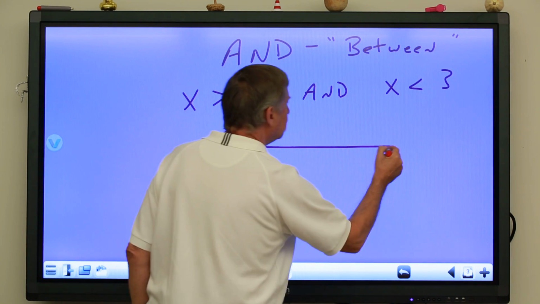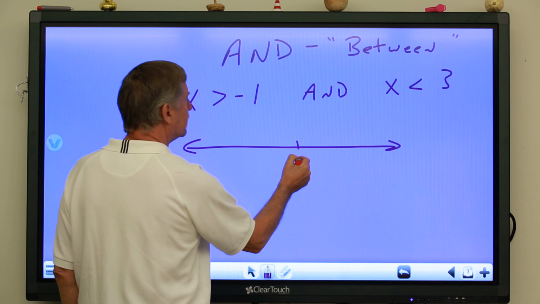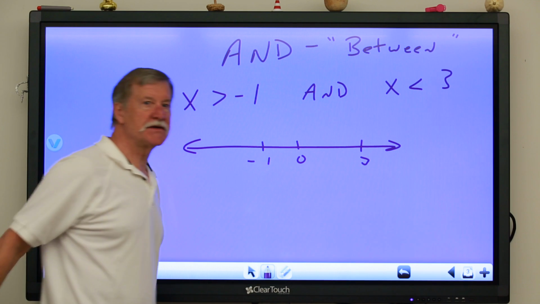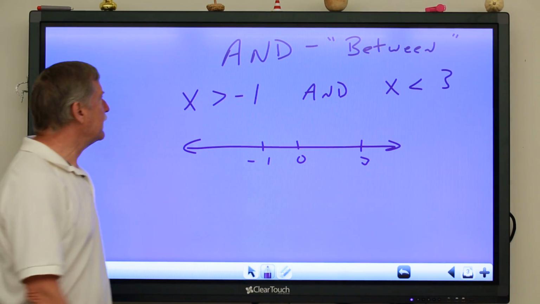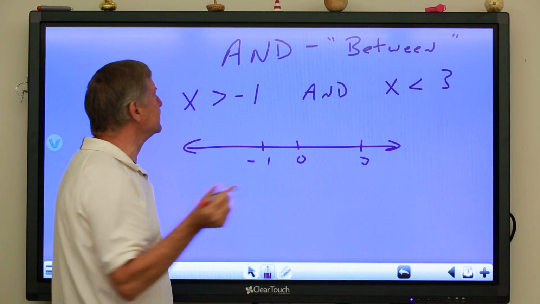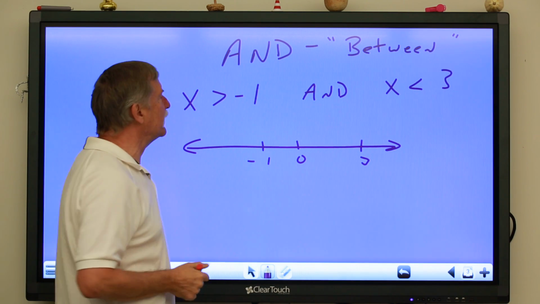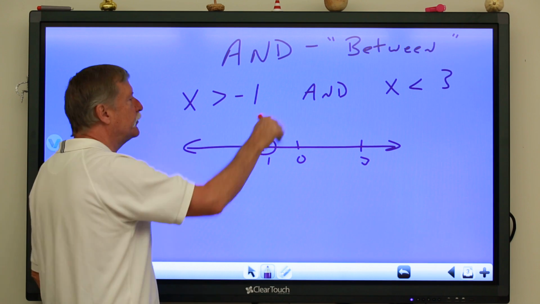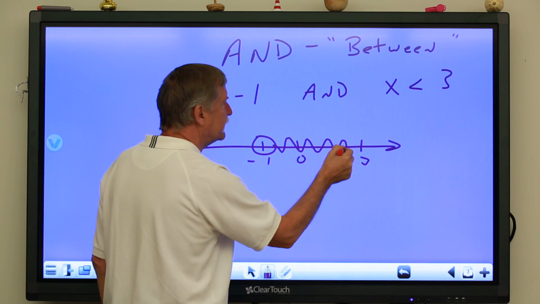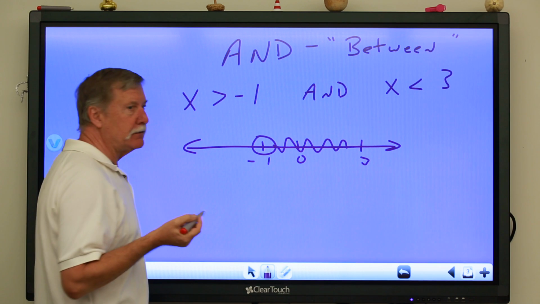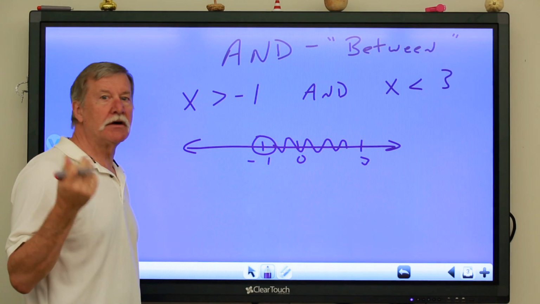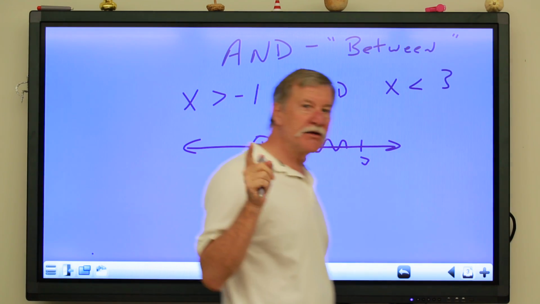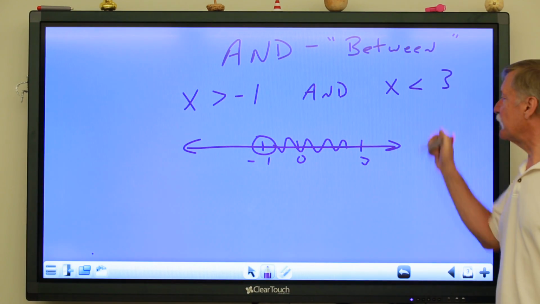And to graph that, we would look at our number line with our numbers -1 and 3 set up on the number line. And we would graph these and watch what happens. x is greater than -1. Well, it's greater, so that's an open circle. And it's pointing in that direction, so I'm going to shade this way. "And" means that we also are interested in only things that are more than -1, and they also have to be less than 3.